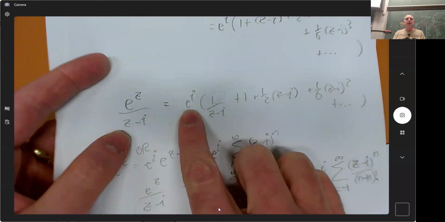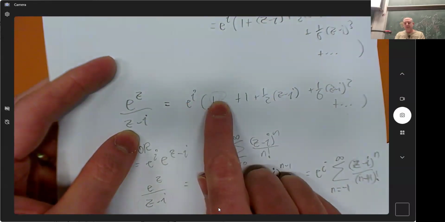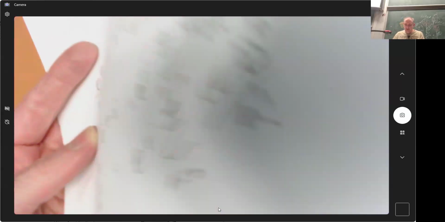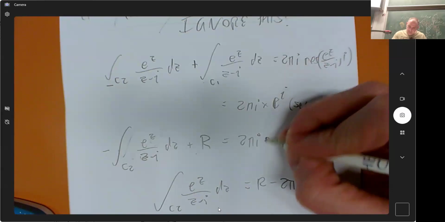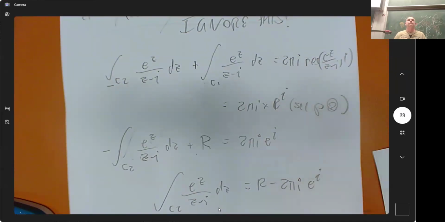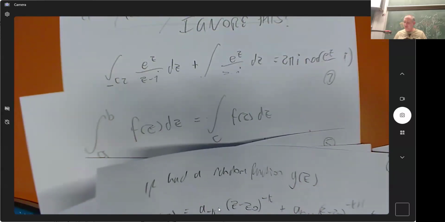Oh no, it's e to the i. Oh crap, you're right. Yep, it's not 1, it's e to the i. That's what it is. Good move. I didn't see, that's why I need a mistake theory.